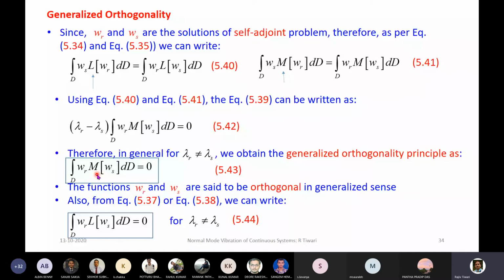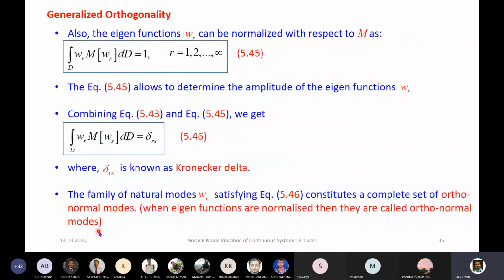But here in the continuous system, we have the M operator and the L operator, but the overall concept is the same. So this is the orthogonality condition. Now we'll go for the normalization. When we normalize the eigenfunction, we generally normalize with respect to the M operator, which is equivalent to the mass matrix.